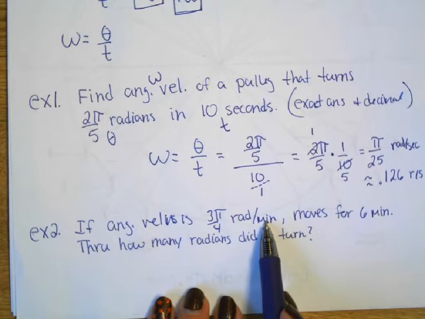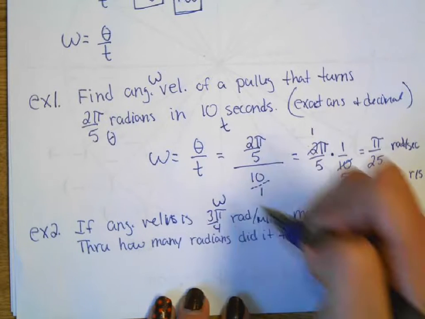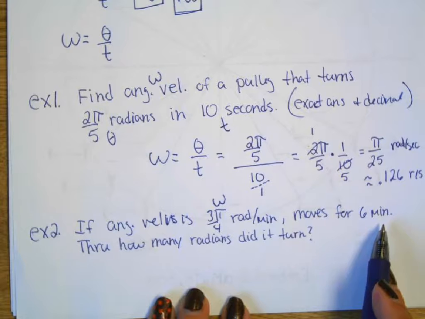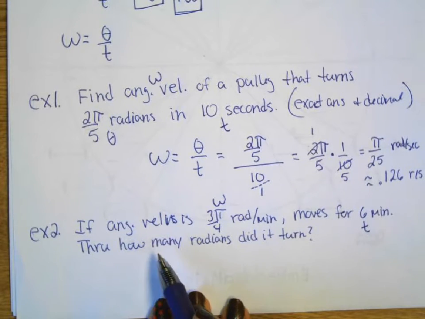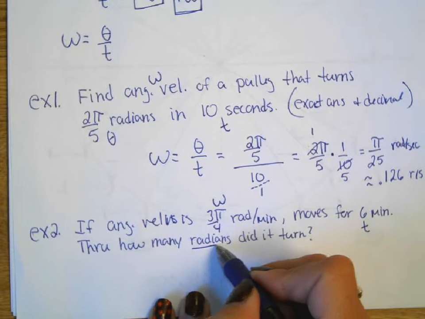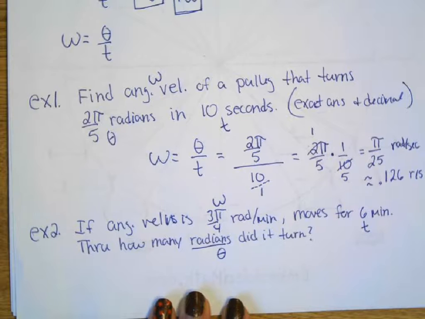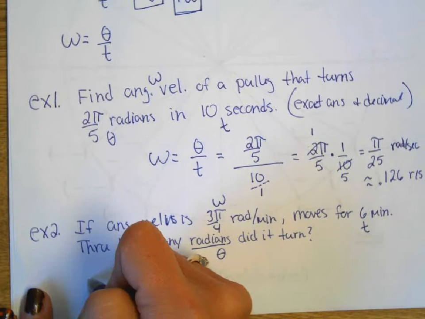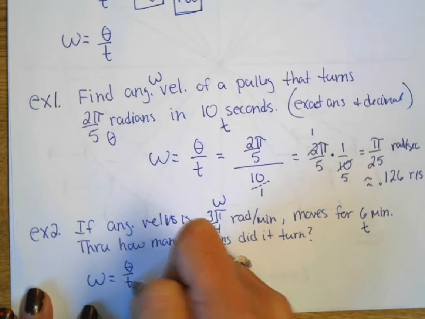What letter? W. That's what you have to get good at. 6 minutes, that's your time. The question says through how many radians? What are we calling radians? Theta. So it's the same formula, like Kenley noticed. W equals theta over time.